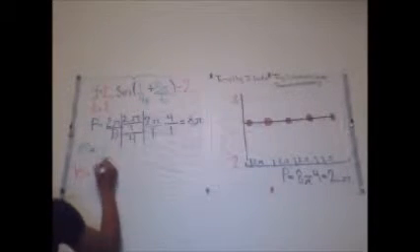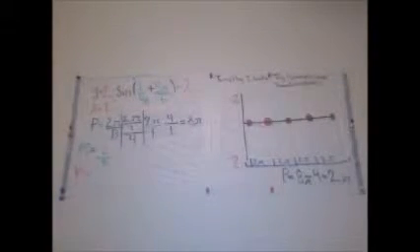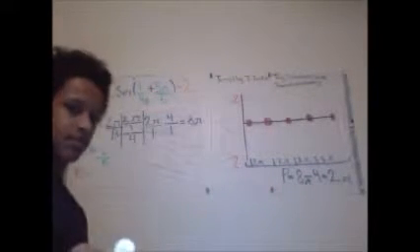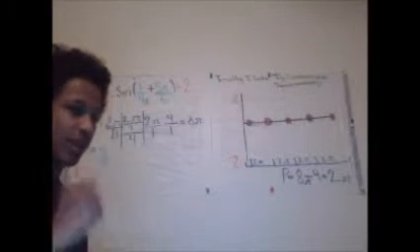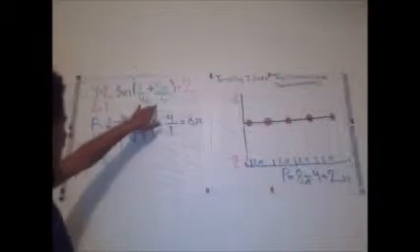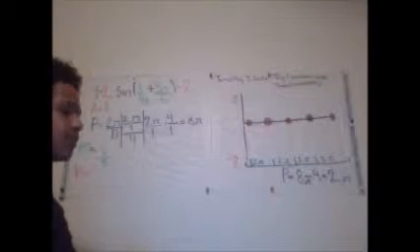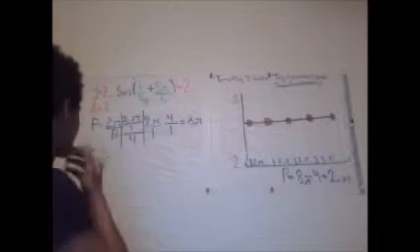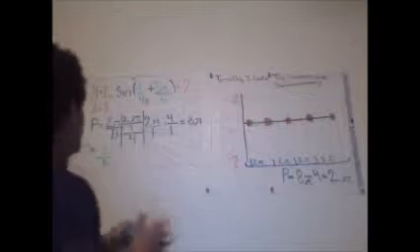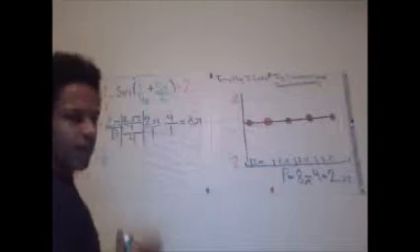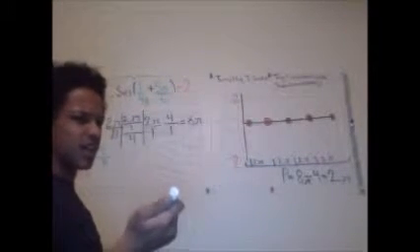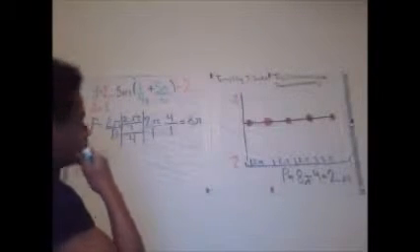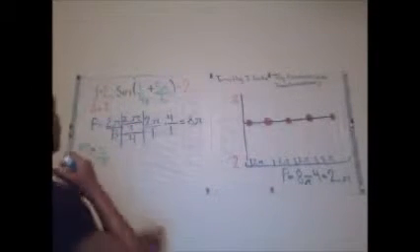Now, remember, B is the number that's before what? Correct, the x. So 1 over 4, right? But where's our C value at? Well, let's see. We know sine is 2 pi, right? What's our amplitude again? 2, right?